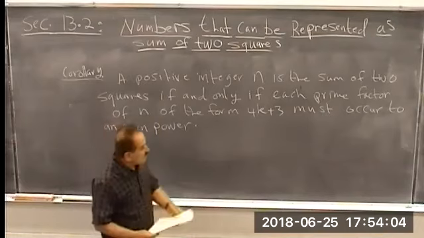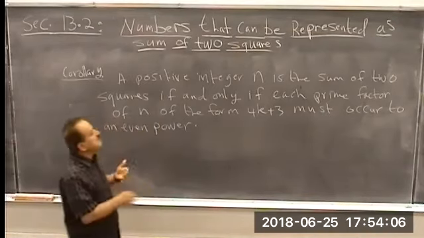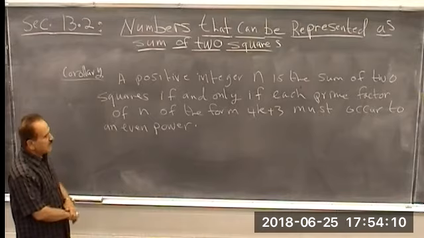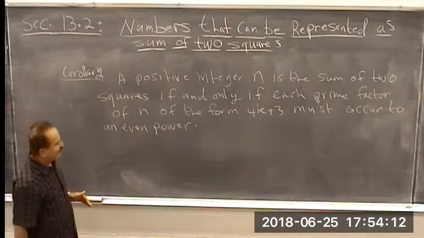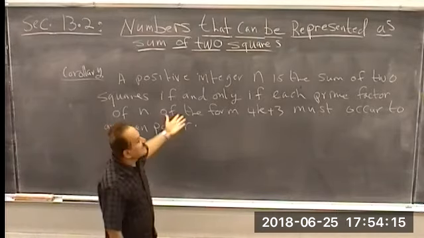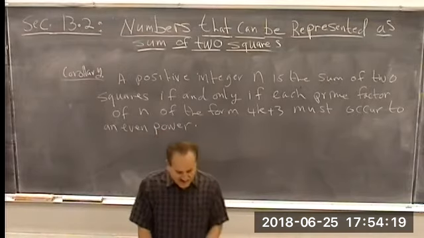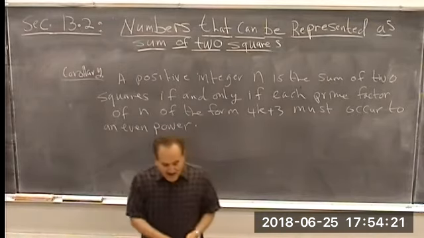So they must appear with even powers, okay? Because you take two of them to make it a prime of the form 4k plus 1. And that's what it is. It doesn't need any proof, of course, because this is sort of what we have shown. All right.